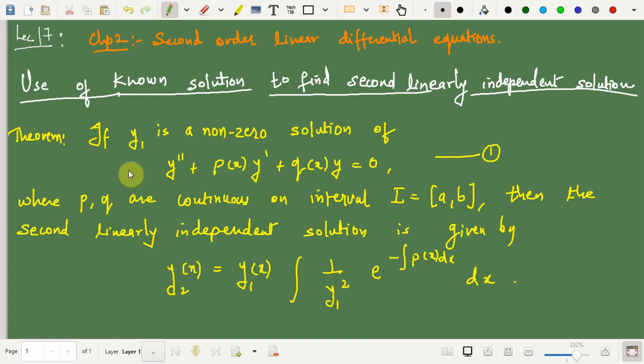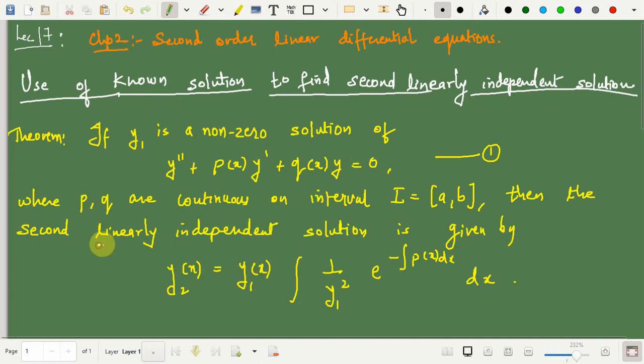So here we have a theorem. If y1 is a non-zero solution of the linear homogeneous differential equation y double prime plus p of x y prime plus q of x y is equal to 0, where p and q are continuous on the interval where the function is defined, then the second linearly independent solution to y1 will be given by this formula.